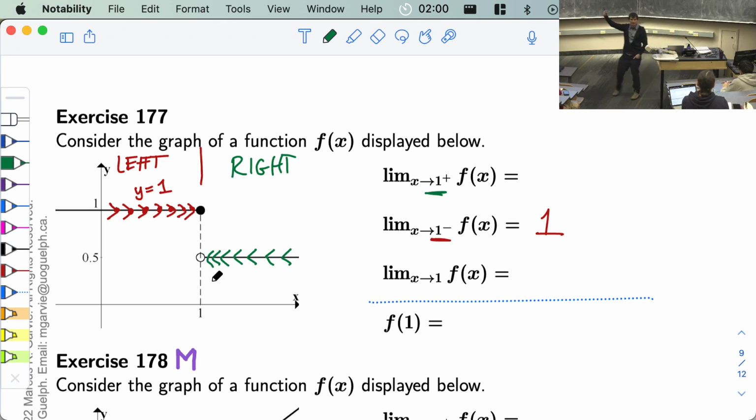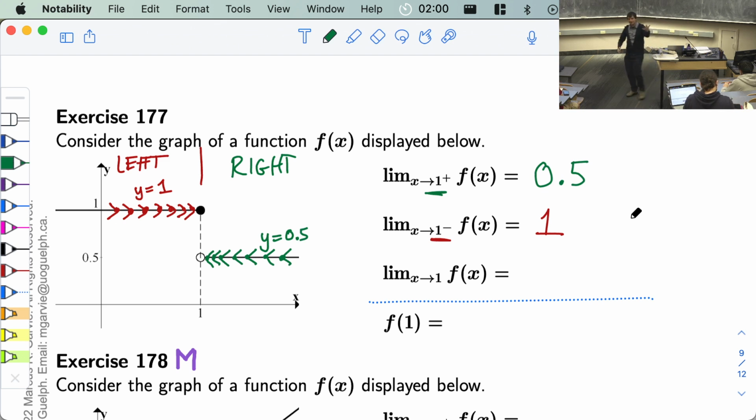In this situation, the values are always 0.5, 0.5, 0.5. What are they approaching? They're approaching y equals 0.5. So the limit is 0.5. Okay, very good.